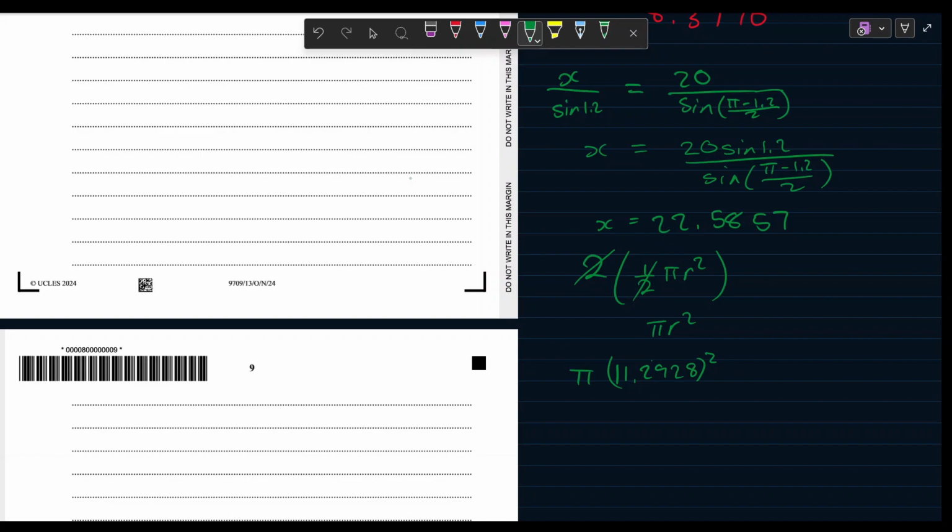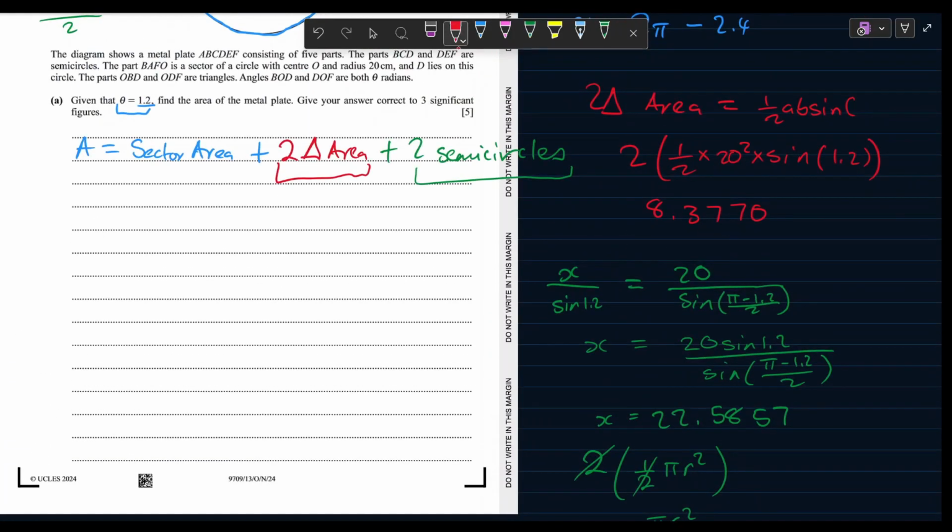So what does that simplify to? So that is 11.2928 squared, which is going to be, I'll write it as 127.5273, and this is multiplying pi. So this here is the area of our two semicircles. This here is the area of our two triangles.